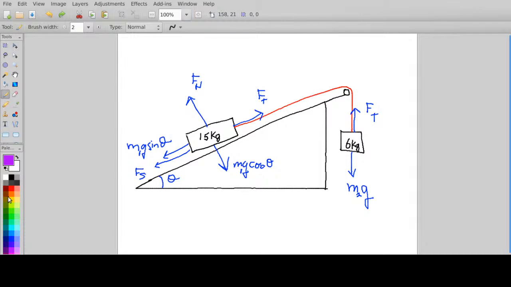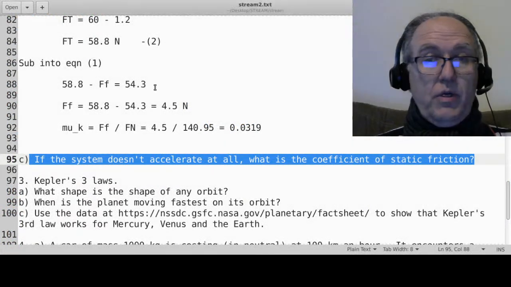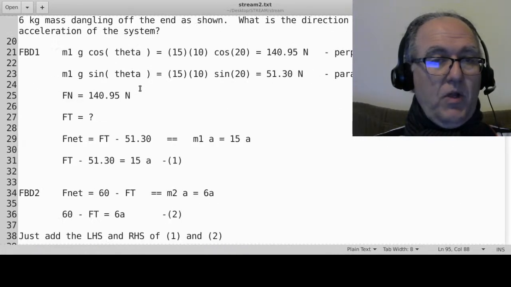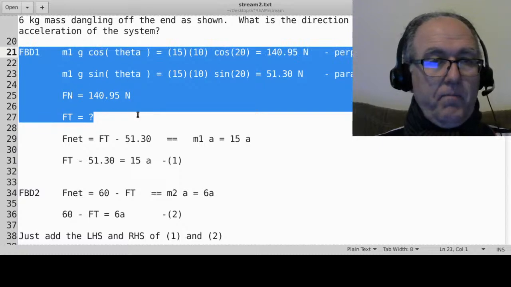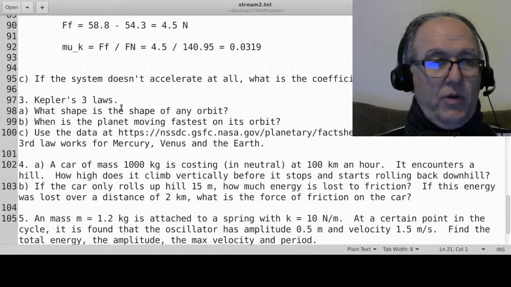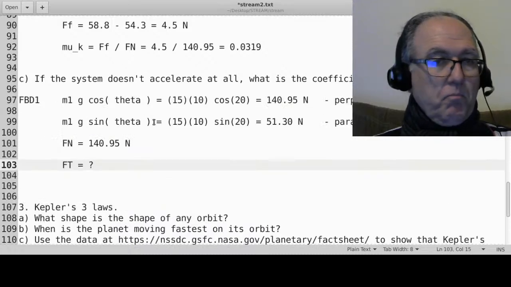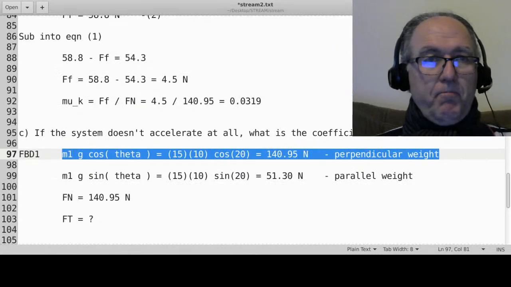All right, so let's go back to this, and let's see what we can conclude, or what we have concluded, I should say. So back to the free body diagram for number 1. Just cutting and pasting so I don't have to retype everything. All right, this is still the same, isn't it?